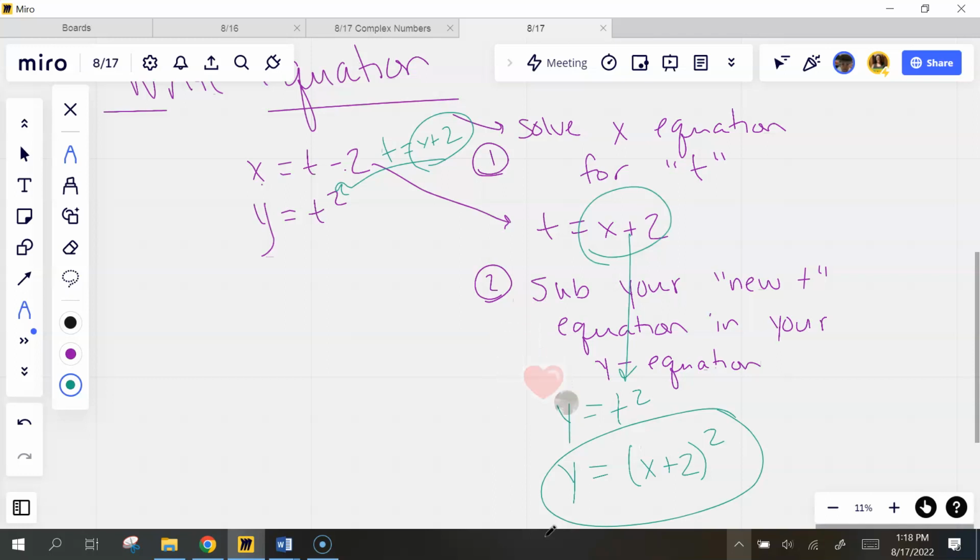If you take out your calculator and you hit mode, everybody see mode? Go down to the fourth line where it says function, parametric, polar. See what I'm talking about? Highlight PAR for parametric.